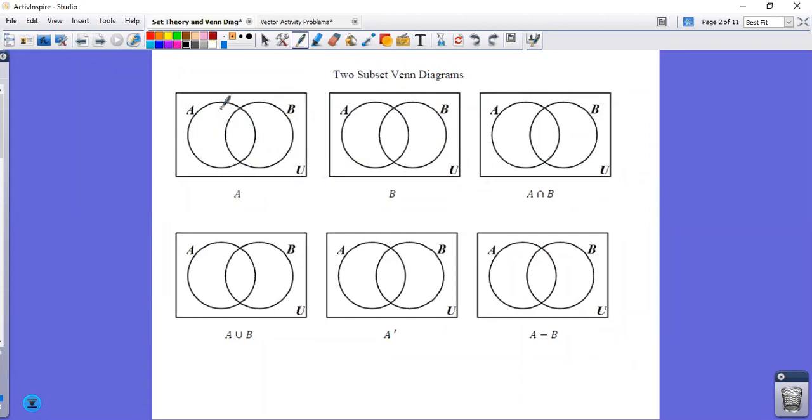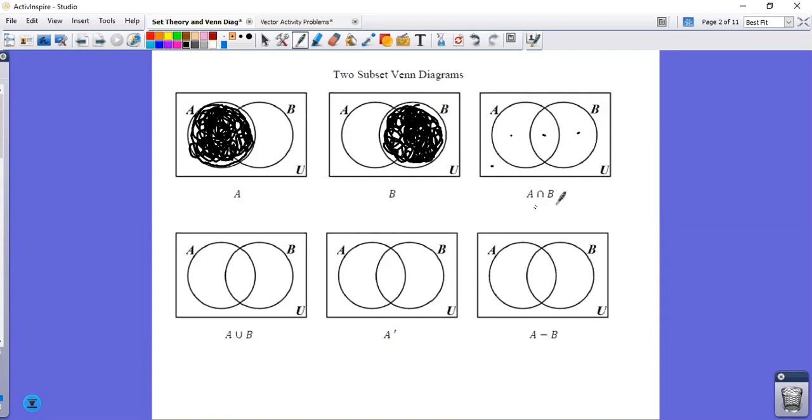If you just want to shade A, A is the entire A circle, so you would shade all of A. B would be shading all of B. When you have two subsets that overlap each other, you end up with four different sections: the outside, the A only, the A and B, and the B only.